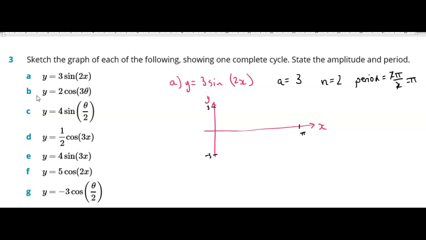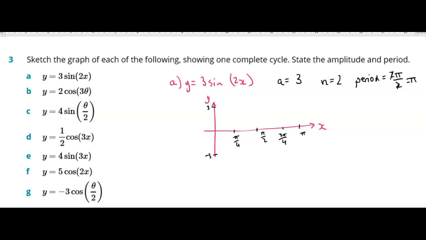When you're plotting a graph, our period is pi. Now your basic sine graph crosses the x-axis at halfway, so that's going to be pi on 2. And then it has its maximum and its minimum at a quarter of a way. So we're going to have pi on 4 and 3 pi on 4. So basically with your sine and cosine graphs, start with your period and then separate it into 4 equal parts.